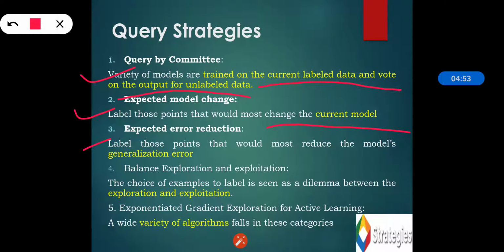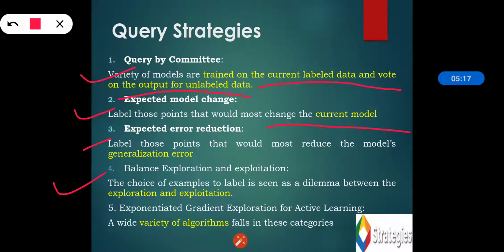So in expected error reduction, we are labeling the points that can reduce the generalization error, so that we have the minimum error, and that will reduce the output variance, because this is one of the components of error.